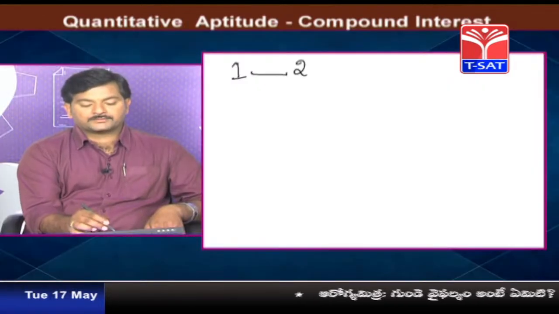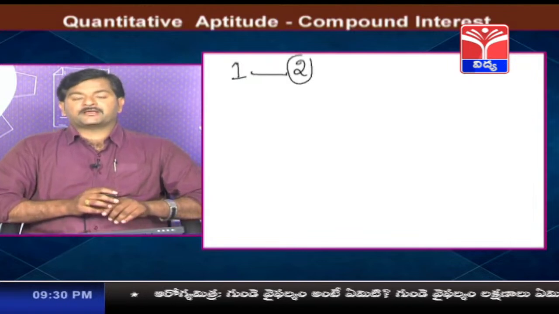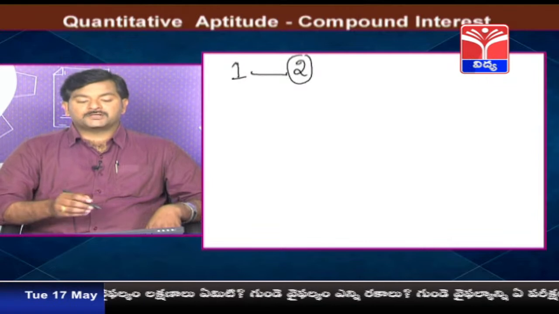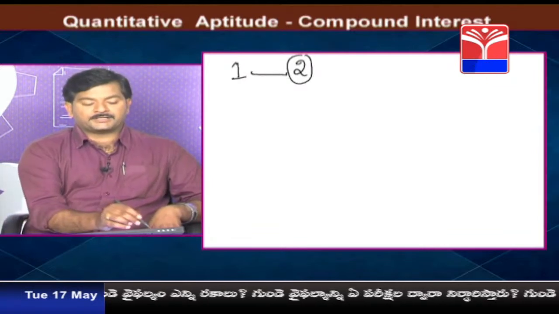Borrowed amount doubled means, if I borrow 1 rupee, that 1 rupee should become how many rupees? 2 rupees.